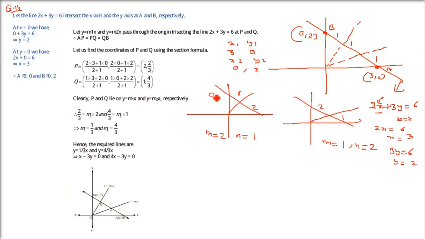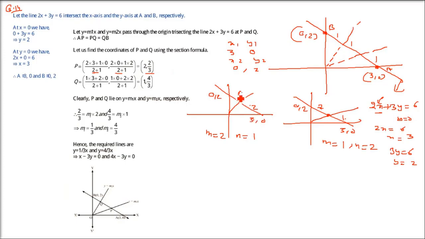So first line will be, this is 3, 0 and 0, 2. So 2 into 3 plus 1 into 0, by 2 plus 1. Then 2 into 0 plus 1 into 2 by 2 plus 1, 3. So you get the point for this line. 2, 2 by 3. This is the point. Coming to the other line.